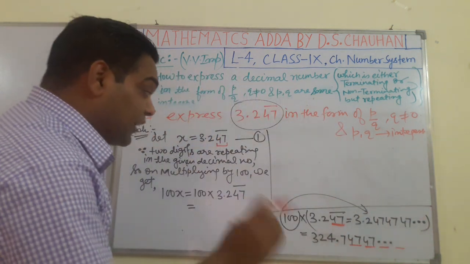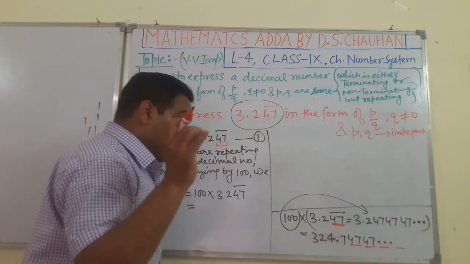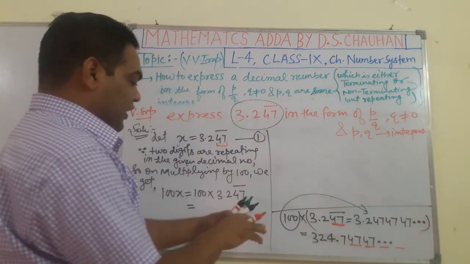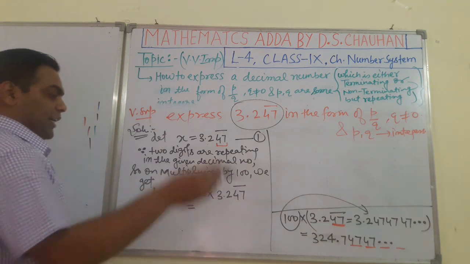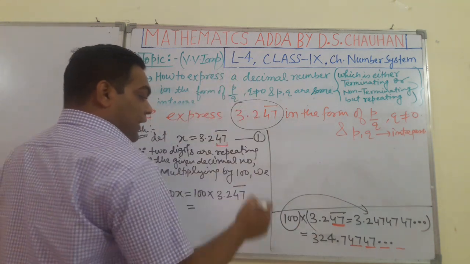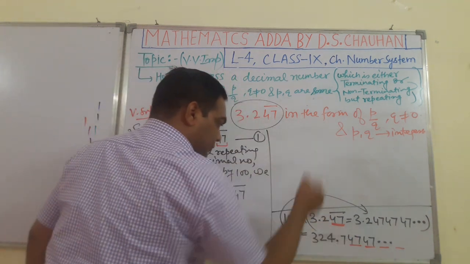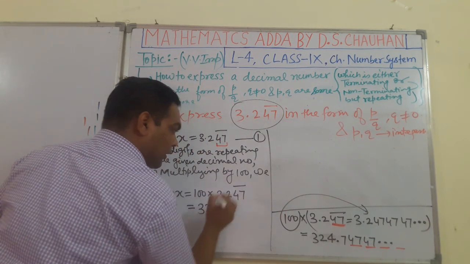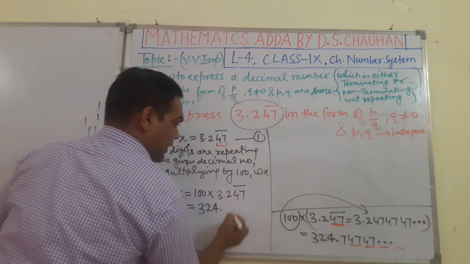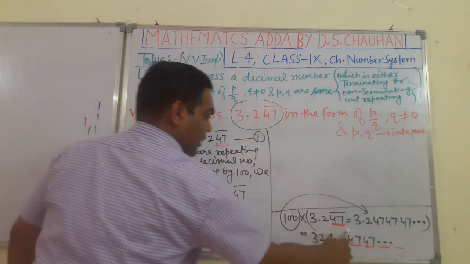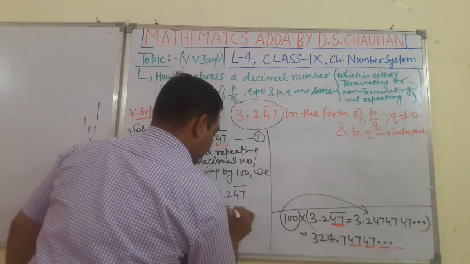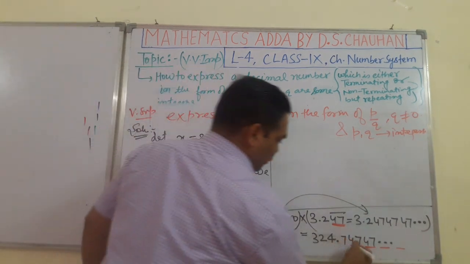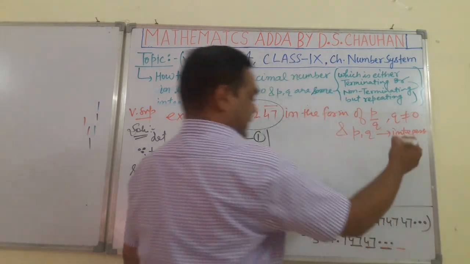So what will you write? This is the important thing here. Try to understand, don't get confused. You will write here 324.7 and then 47 bar, because these 2 digits are repeating.